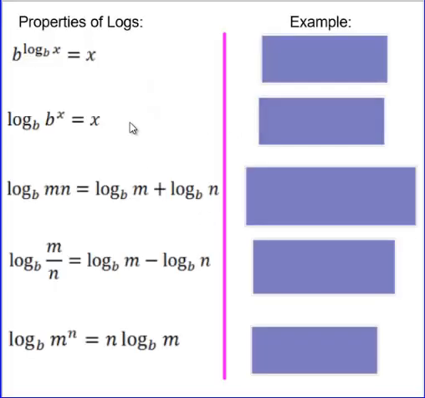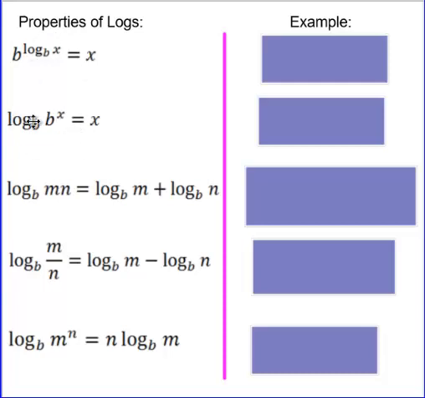Now, a few other properties. These first two we're going to look at, you won't have any of these on your assignment for today, but we will be using these later when we get to standard 20 and we're wanting to solve equations with logs and exponentials.